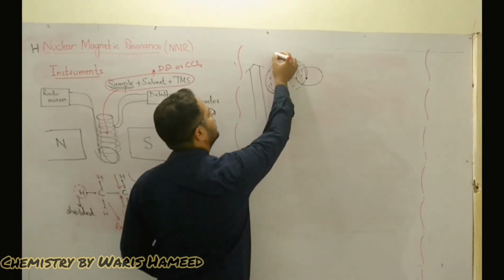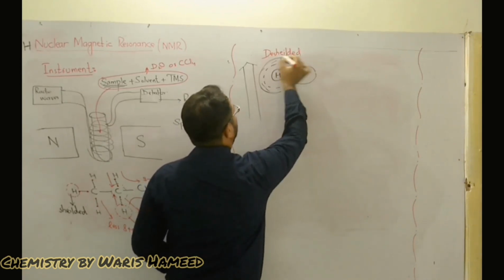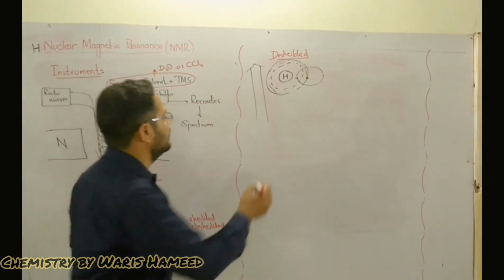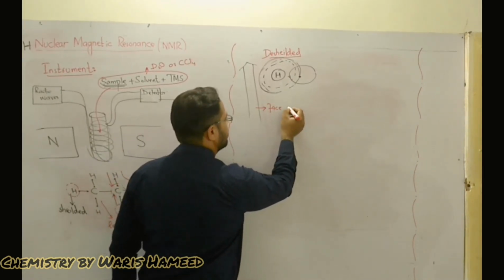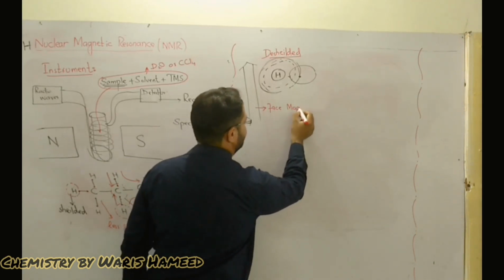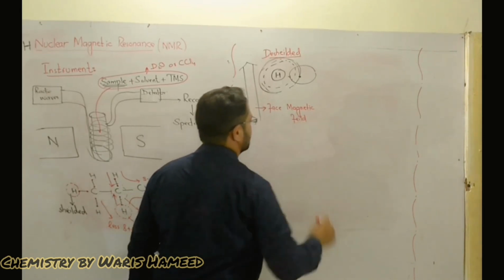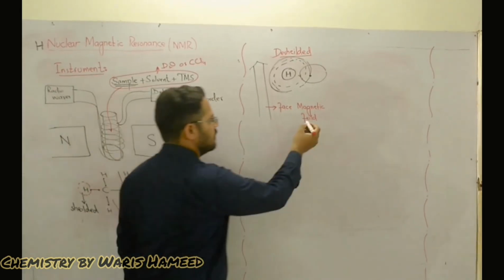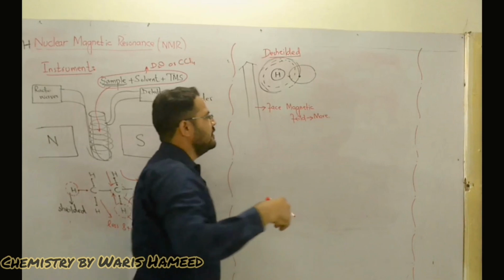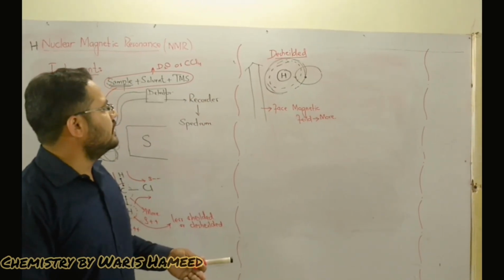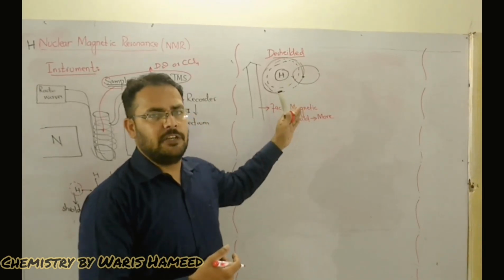If it's de-shielded, then it will face the magnetic field greatly or more. It will feel more magnetic field because there is an electron which is away from this nucleus.